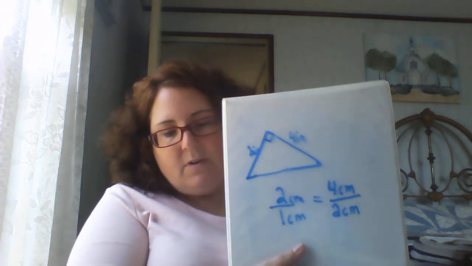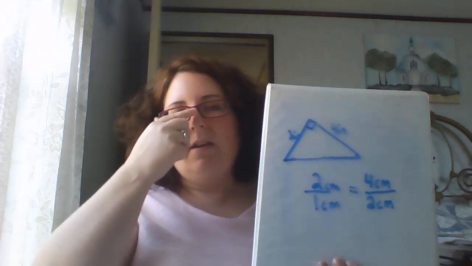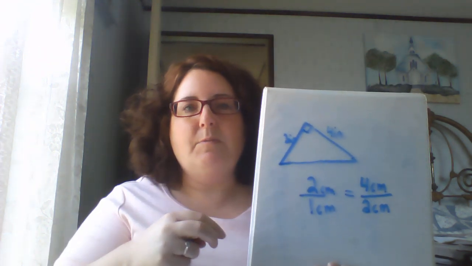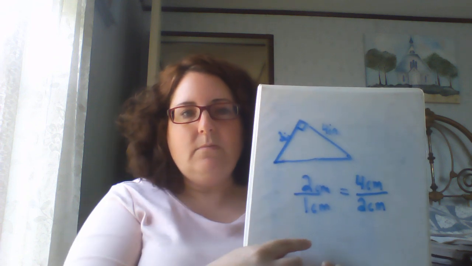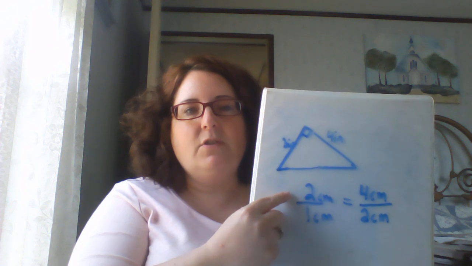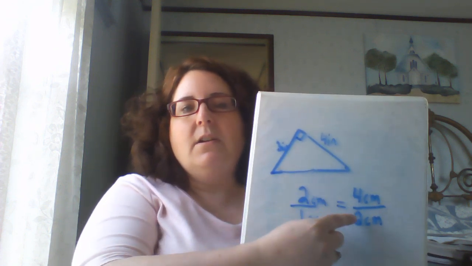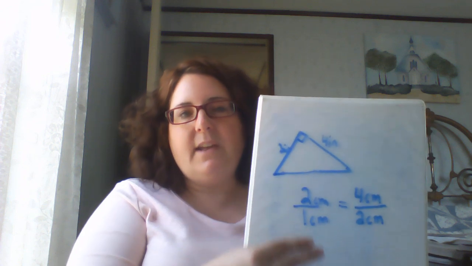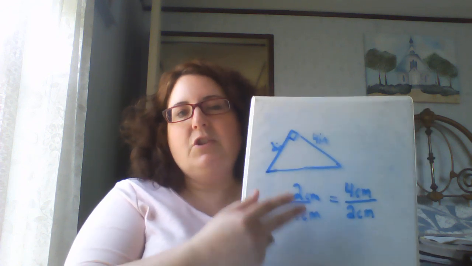So what you want to do is find the scale factor. The scale factor is just a number that tells you how much the proportion grows. So you look at this and say, how many times can 2 over 1 go into 4 over 2? It can go into it 2 times, so your scale factor is 2.